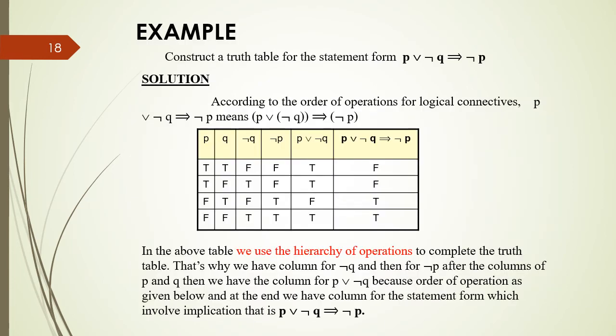In order to decide the truth value of the given logical expression, P or not Q implies not P, as you can see that this logical expression contains negation operator, disjunction operator, and conditional operator, and we have discussed earlier that the negation operator has the highest priority, or the negation operator has the highest precedence.